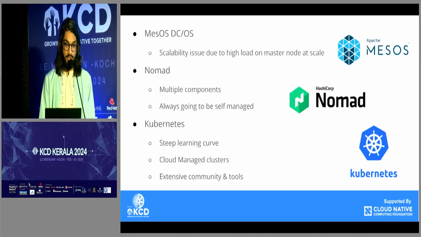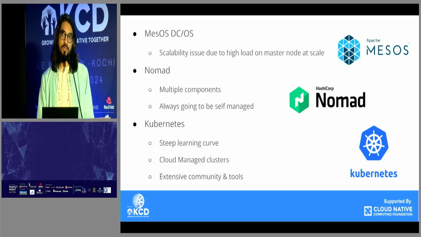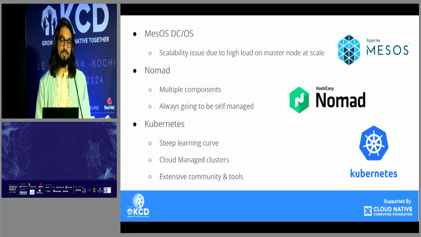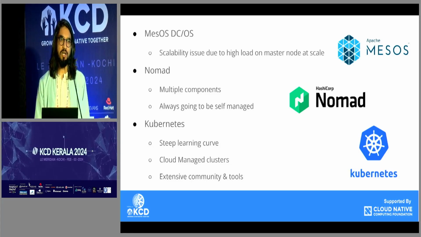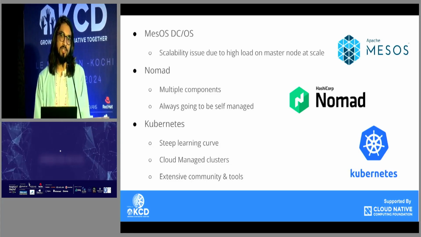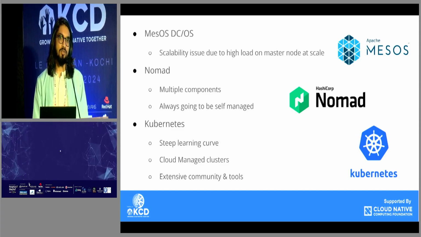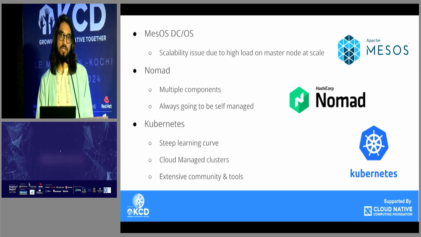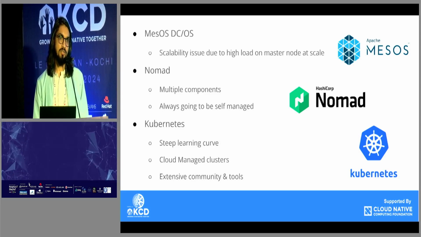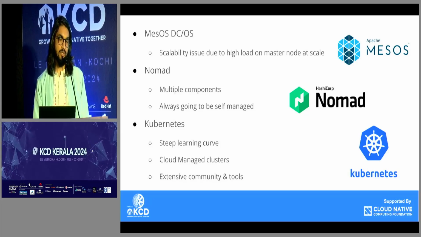So at that point of time, one of our teams was running Mesos DC/OS, which is a containerized environment. There's a master, and everything else is a slave around it. Your master is basically responsible for managing all your slaves that are running your containers, and on them it is responsible for running whichever application you want to run.